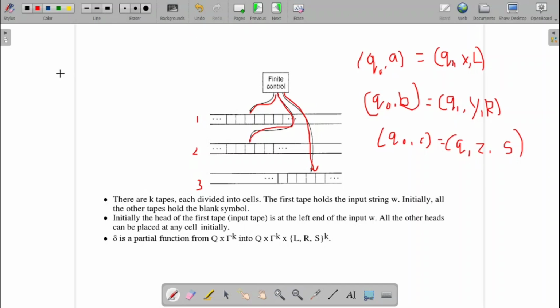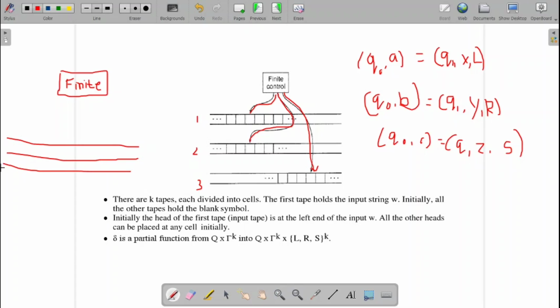The same thing if you compare with your multi-track Turing machine. In case of the multi-track Turing machine, what happens? The finite control will be there, but there will be a single head, and the tape is divided into multiple tracks. It will be divided into multiple tracks.